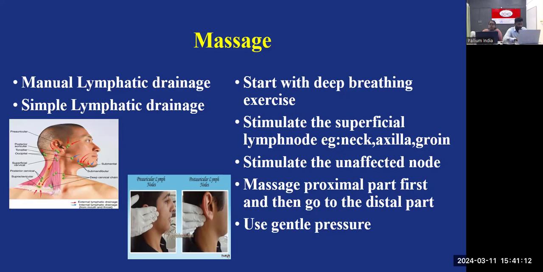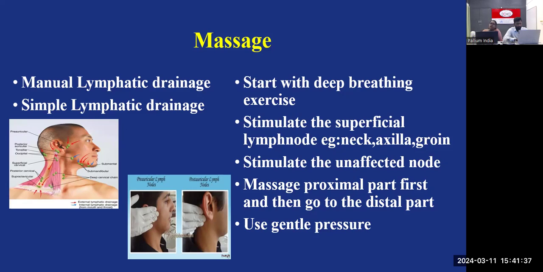If you do a deep breathing exercise, what happens? All internal lymph nodes are stimulated and ready to receive the fluid from the next area, because they are all stimulated by the deep breathing exercise.